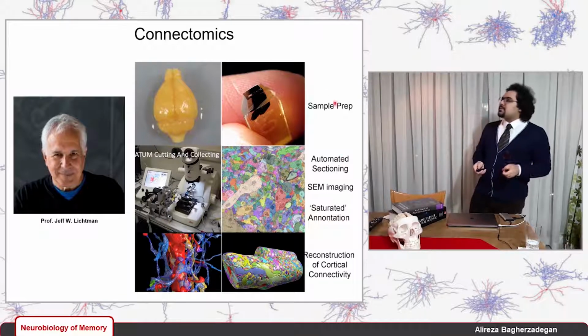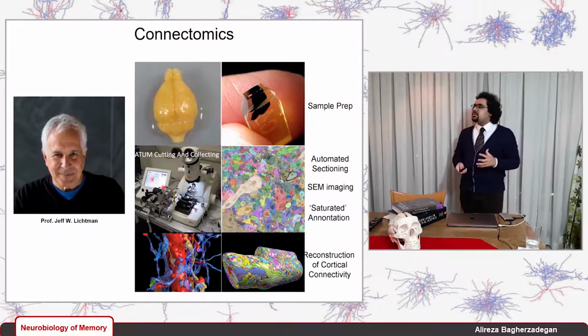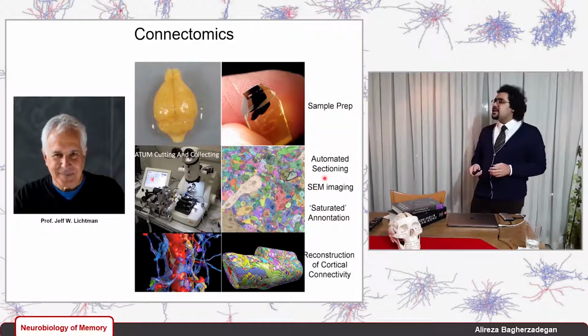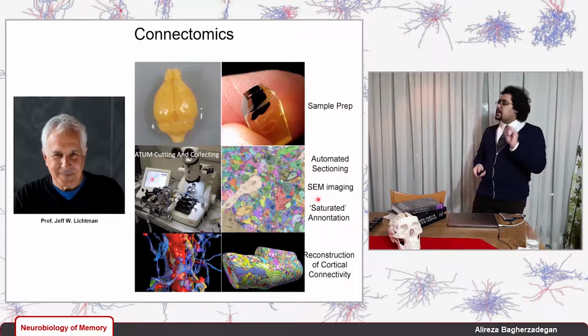But anyway, first they prepare some samples. They prepare them for sectioning and cutting and collecting. And then what they do is scanning electron microscopy. After scanning electron microscopy, they do saturated annotation.